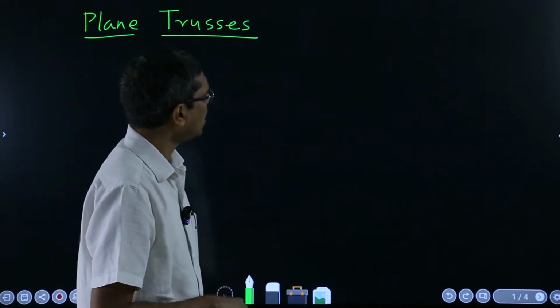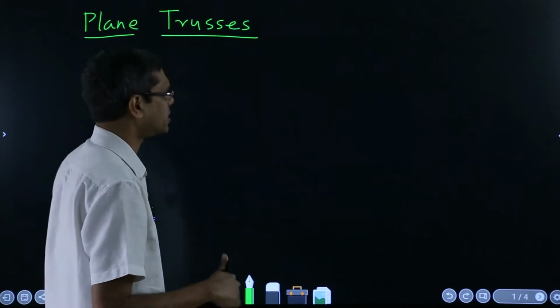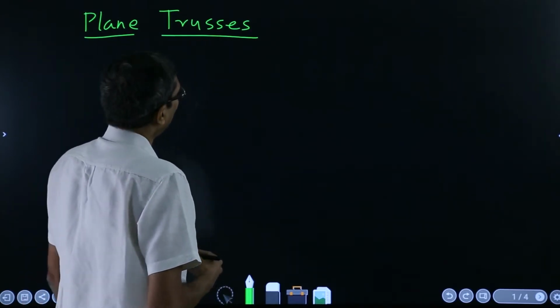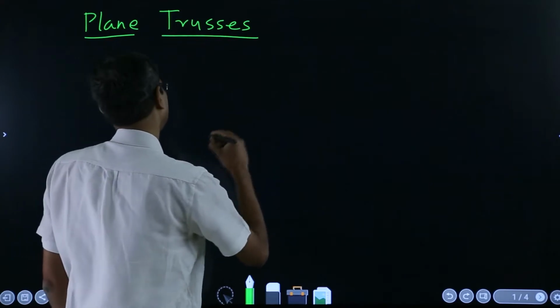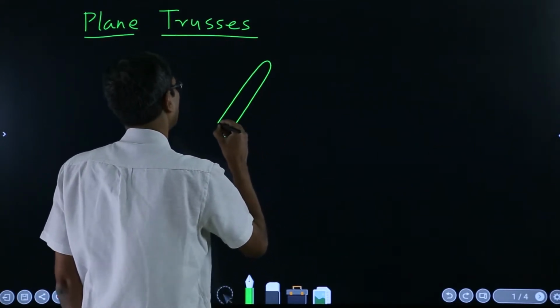Now, let's first understand what a truss is. Suppose you have a bar like this.